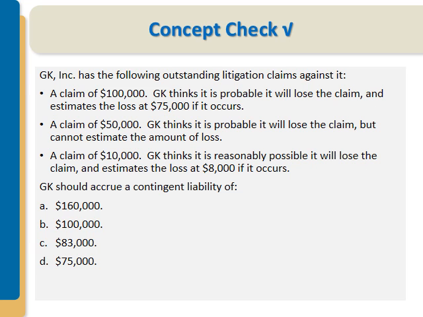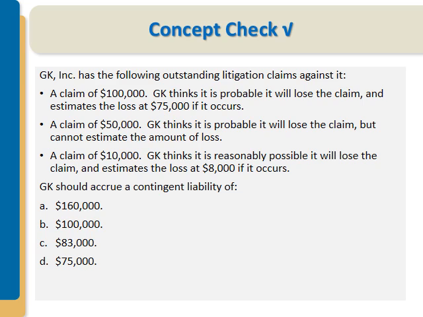Concept check. GK Inc. has the following outstanding litigation claims against it. A claim of $100,000: GK thinks it is probable it will lose the claim and estimates the loss at $75,000 if it occurs. A claim of $50,000: GK thinks it is probable it will lose the claim but cannot estimate the amount of loss.